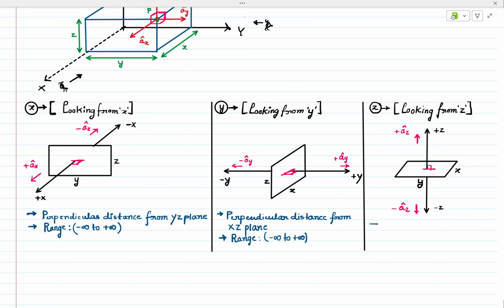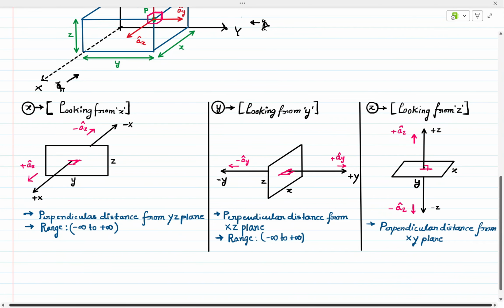So I can write what is the Z actually. Z is the perpendicular distance from the XY plane.